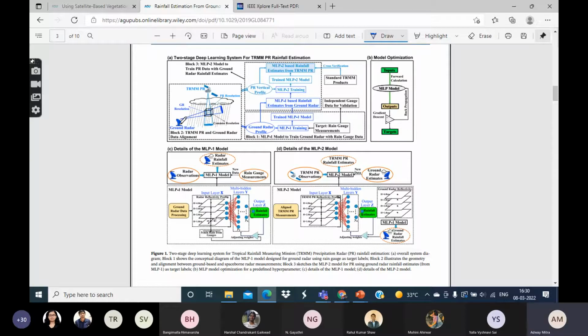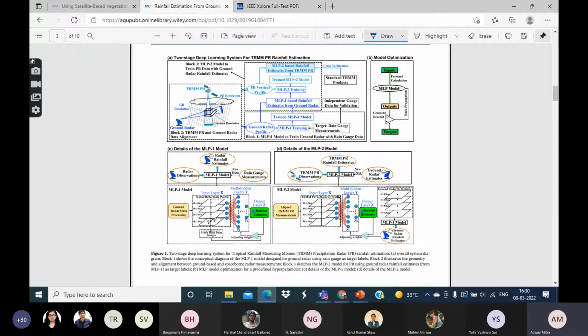So the ground radar takes the profile images, and those images are sent as inputs to MLP1. MLP1 converts them into a map of rainfall, and those maps of rainfall are effectively the training labels for MLP2, the second neural network.